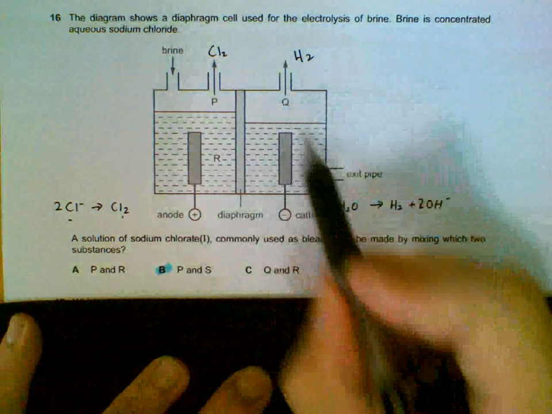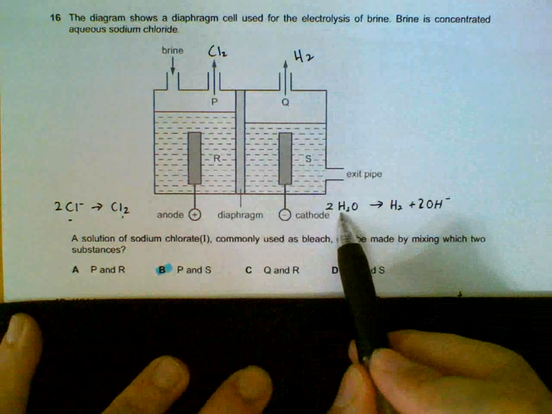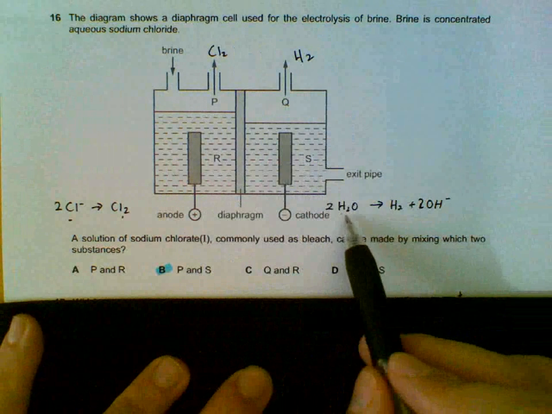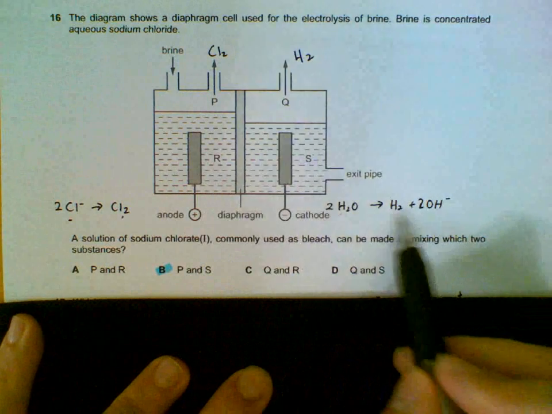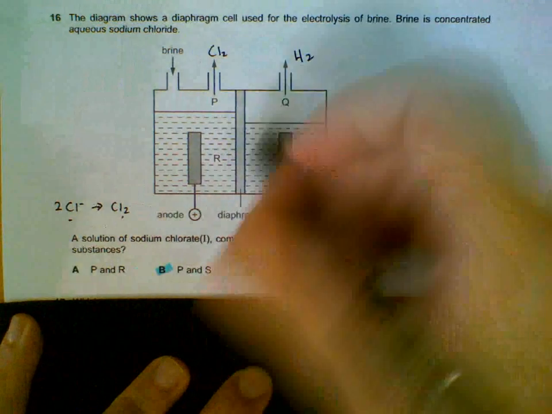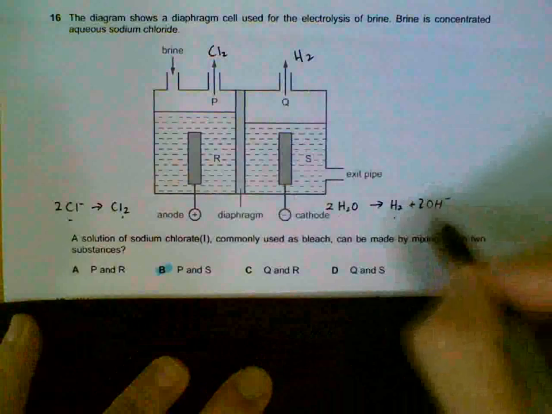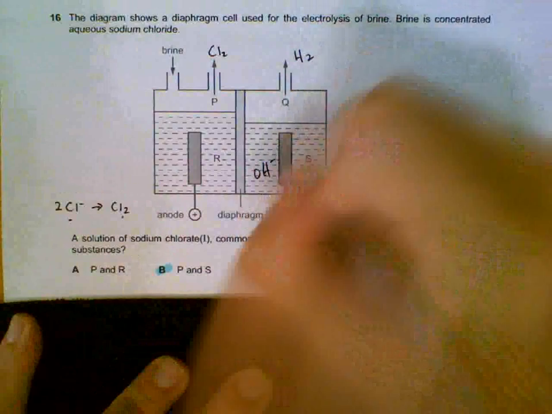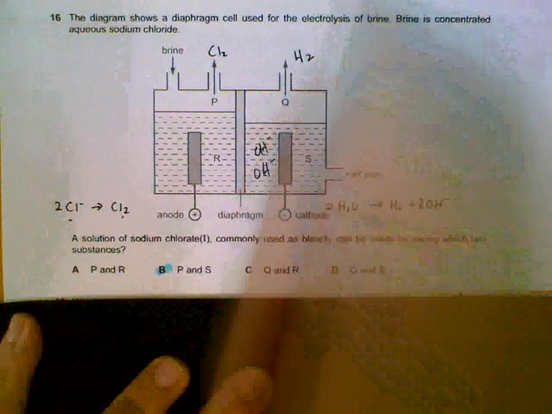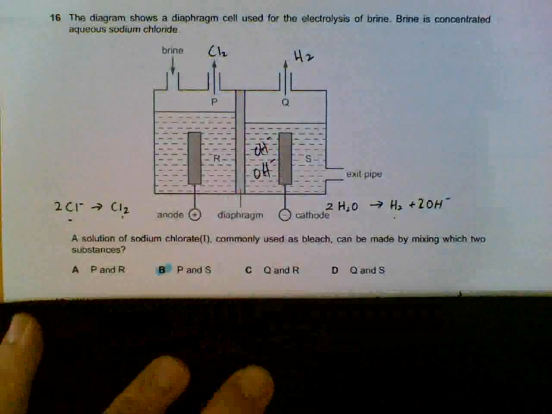On this side, we have water being reduced. We form hydrogen gas, which is released, and then your hydroxide ions accumulate on this end.